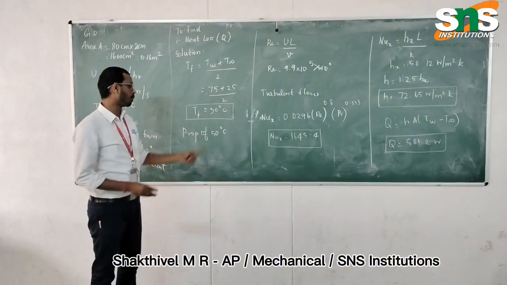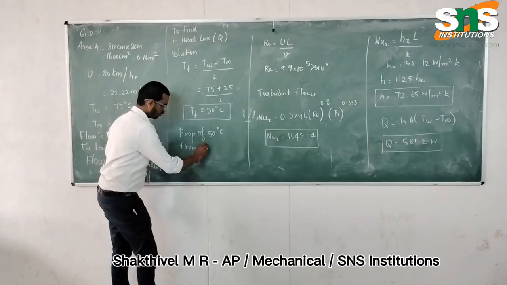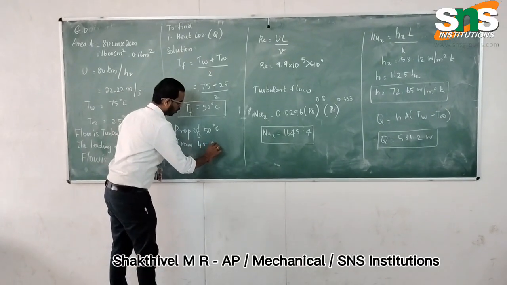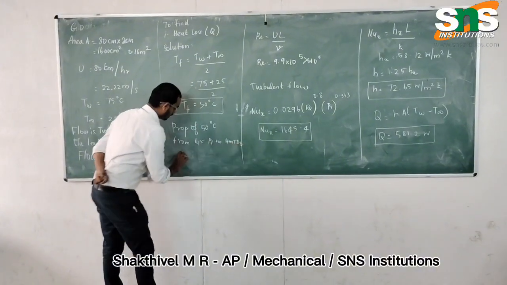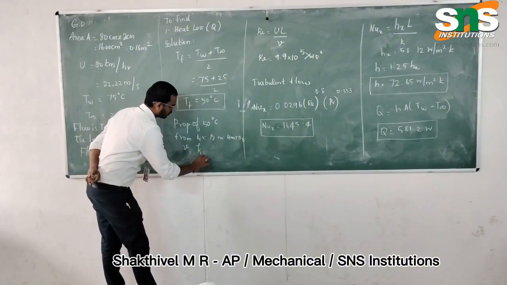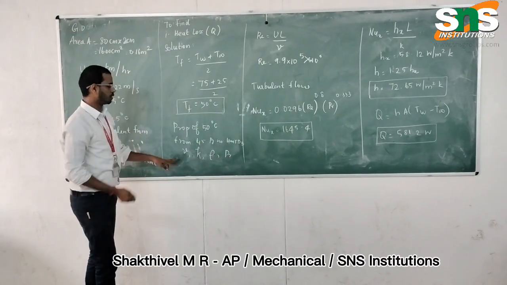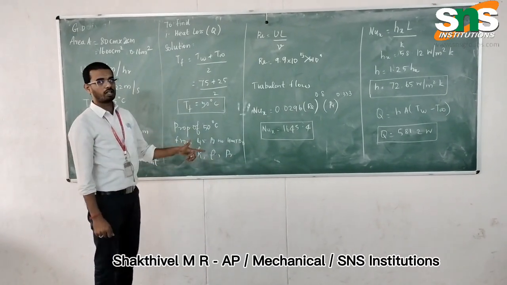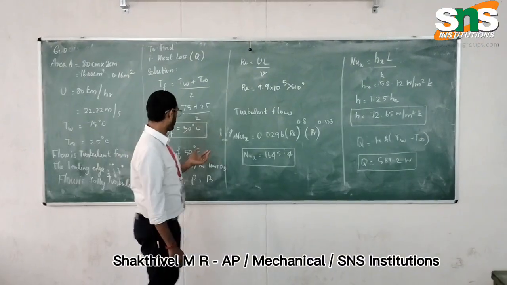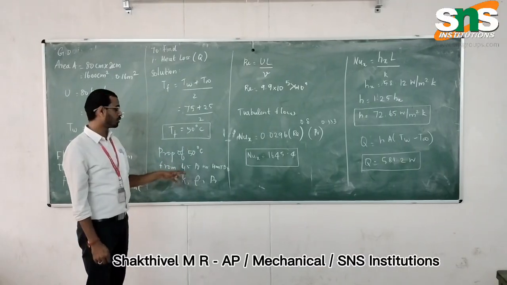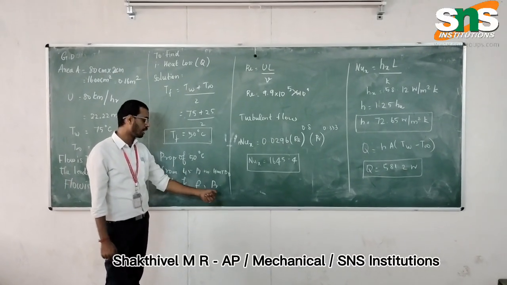We can take the properties at 50 degrees Celsius from page number 45 of the HMT data book: kinematic viscosity, thermal conductivity, density and the Prandtl number.